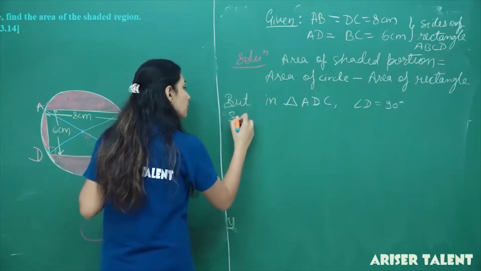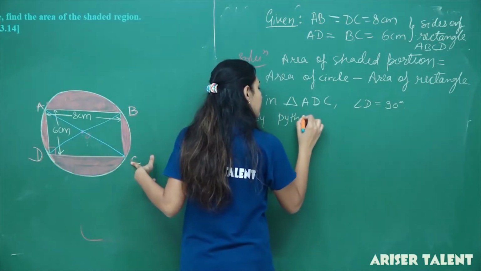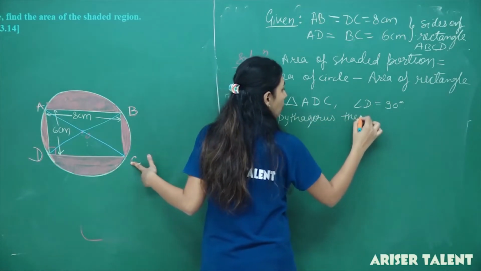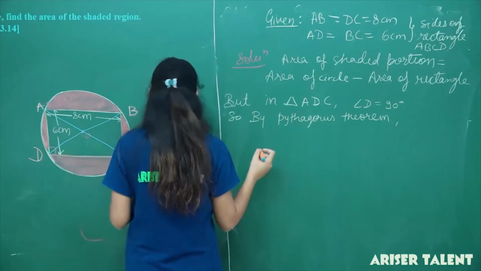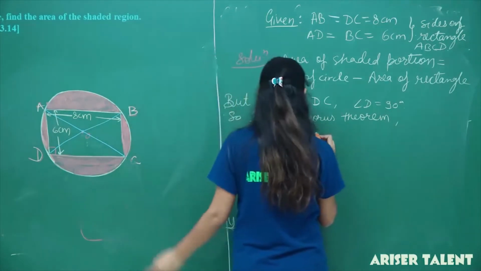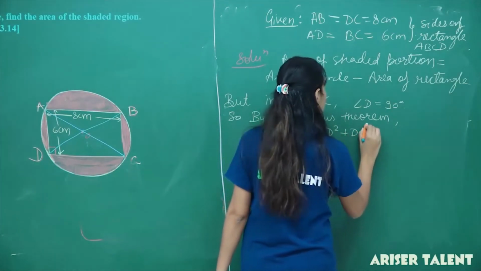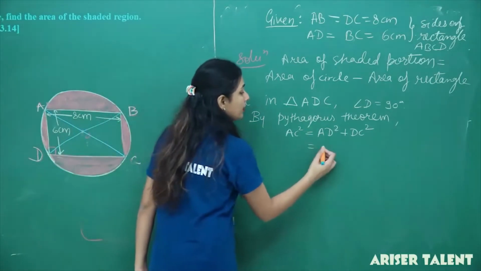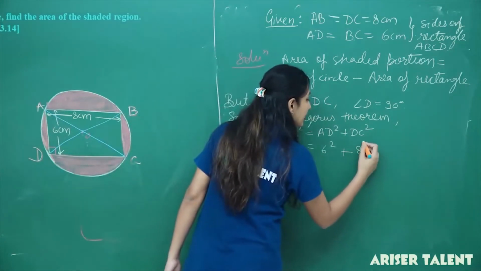So by Pythagoras theorem, AC square equals AD square plus DC square, right? Now AD equals 6 centimeter and DC equals 8 centimeters.